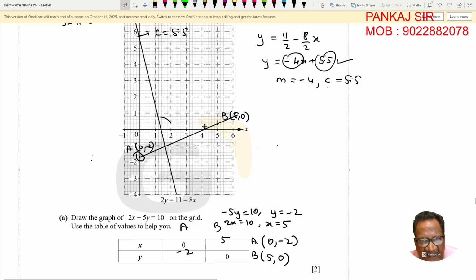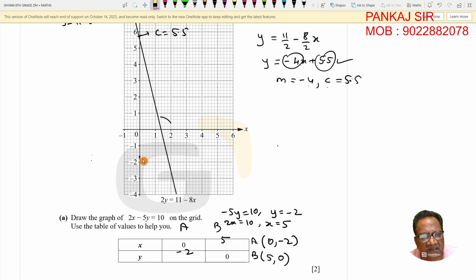Actually, by mistake, I have disturbed this PDF itself. Let me redraw it. I'll have to erase this. Okay, fine. So what are my points? 0 comma minus 2, so this is that point. Another point is 5 comma 0, that is this one.